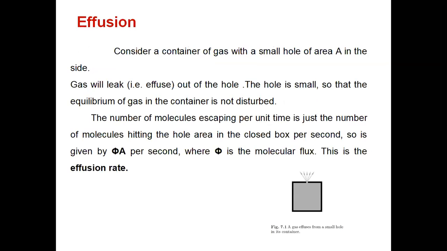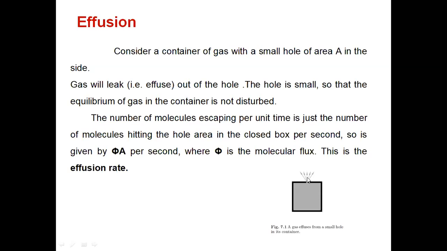Even if we have considered a container of gas with a small hole of area A in the side, as we said before, gas will leak, or effuse out of the hole. The hole is small so that the equilibrium of the gas in the container is not disturbed.